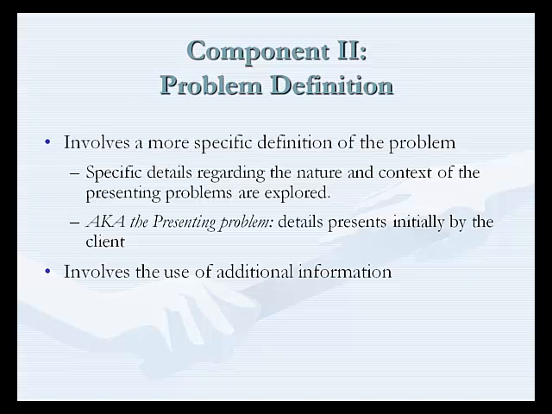They have to have transportation. They have to have clothing that is appropriate for the employment setting. And so sometimes there are those more intermediate kinds of issues that must be addressed before we can tackle the primary issue, which is finding gainful employment. It also involves the use of additional information.